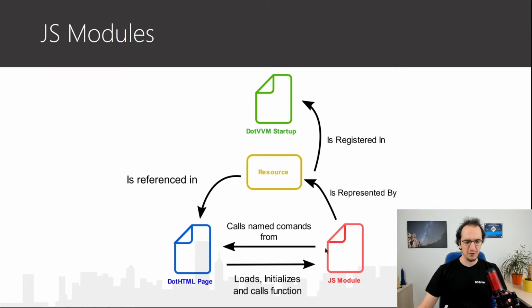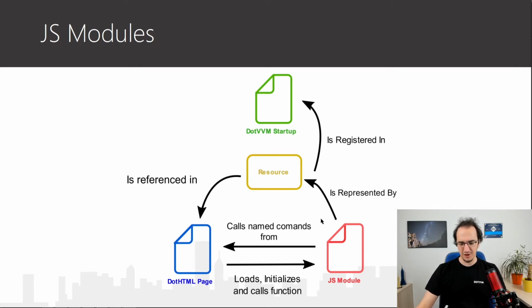By JavaScript modules I mean literally the JavaScript feature, the module. We could load the modules into the .vvm page, and then we would have this sort of code behind, but for the JavaScript code that would integrate into the .html files. Okay, so how did we do that?